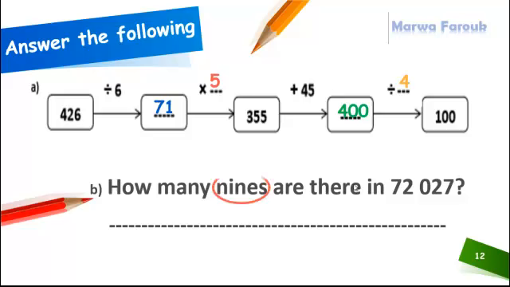So here we will divide 72,027 by 9, and we will start from the left. 7 divided by 9 can't be, so we will take 72. 72 divided by 9 equals 8. Now 0 divided by 9 equals 0. 2 divided by 9 can't be, so we have to put 0 first, and then take 27. So 27 divided by 9 equals 3, so we got 8,003, and that's it.